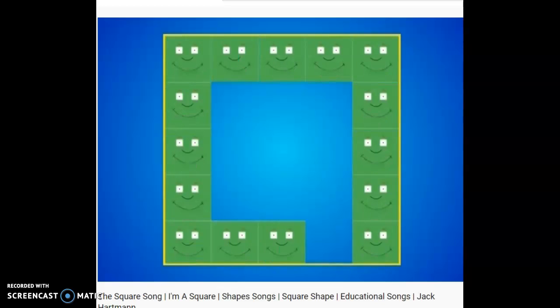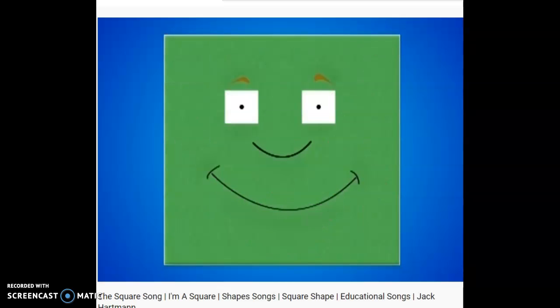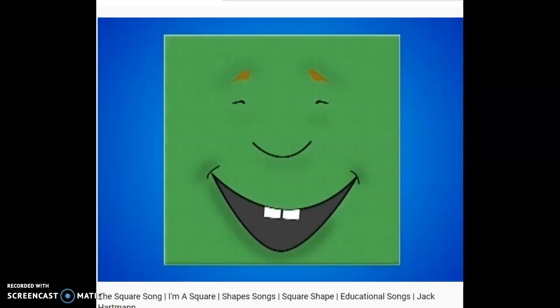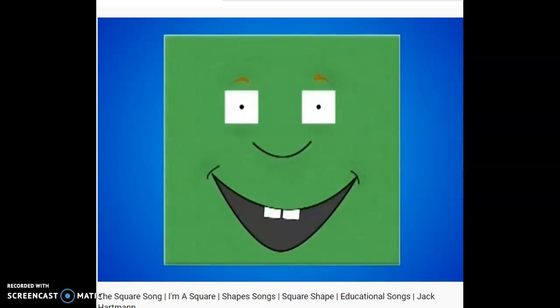Oh, I'm a square, I'm a square, I'm a square. I'm a square, over here and over there. I have four equal sides, made of four straight lines. 1, 2, 3, 4. I kinda look like a box, from my bottom to my top. I don't have any hair, now draw me in the air.